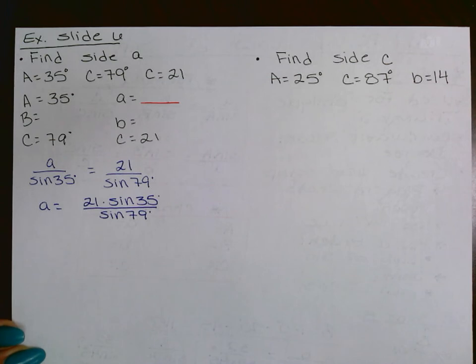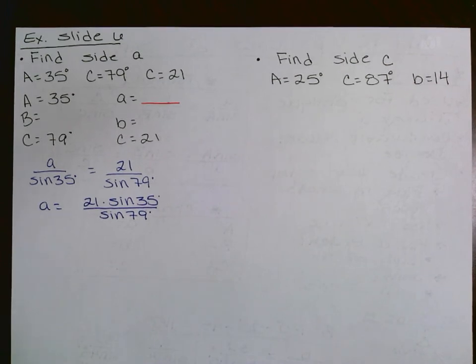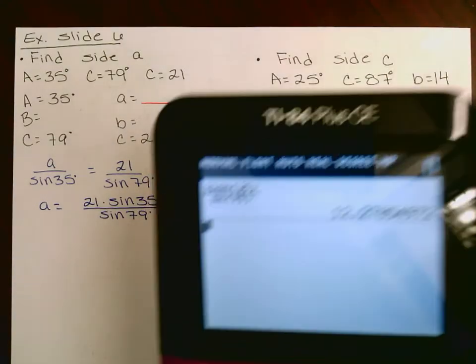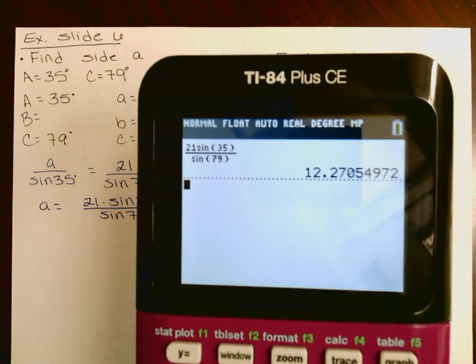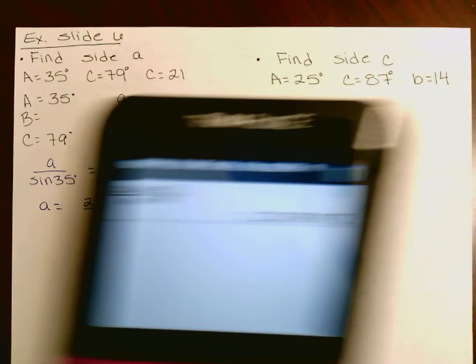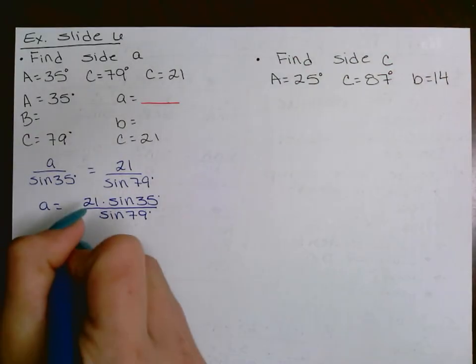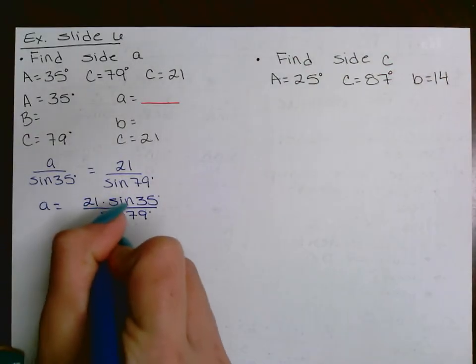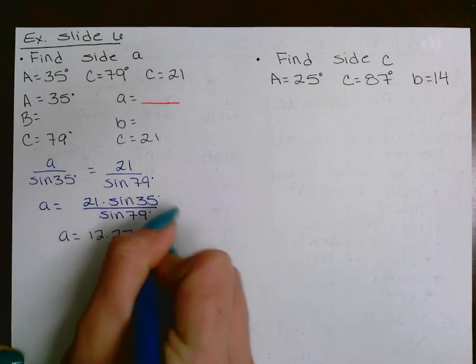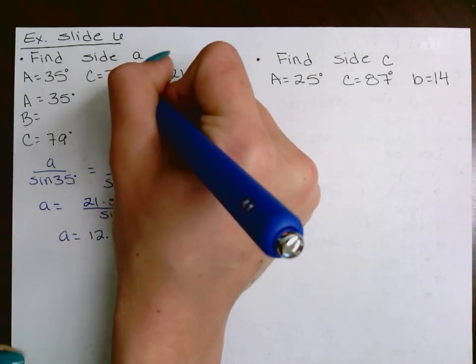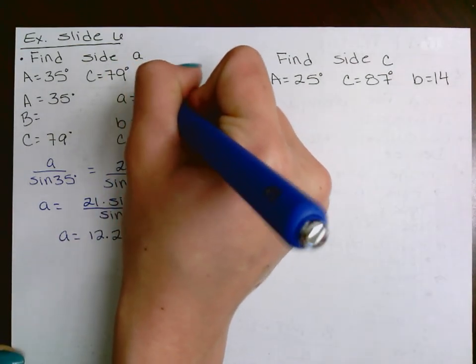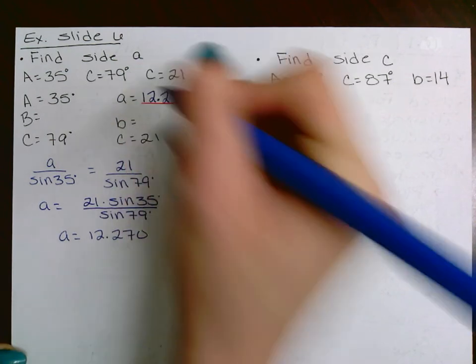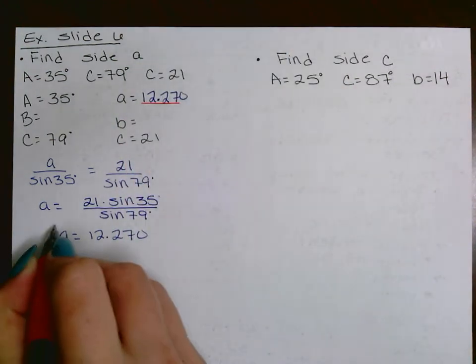And you're going to plug that into your calculator. All right, when you plug that in your calculator, you should get 12.27. And again, they only wanted side A, so that is where I stop. I am done there.